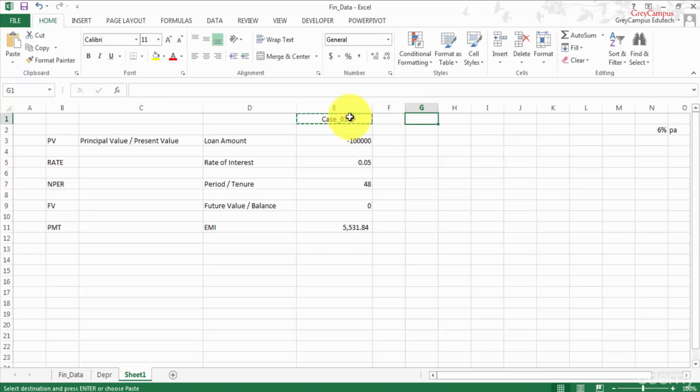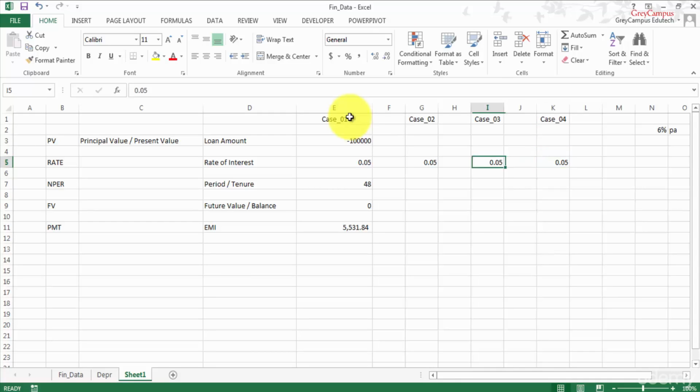Similarly, we'll create some cases here to understand how these financial calculations work. Let's say the rate of interest is the same for all the cases. We will check 3 or 4 cases here, but because this is a static thing, our rate of interest will not vary.